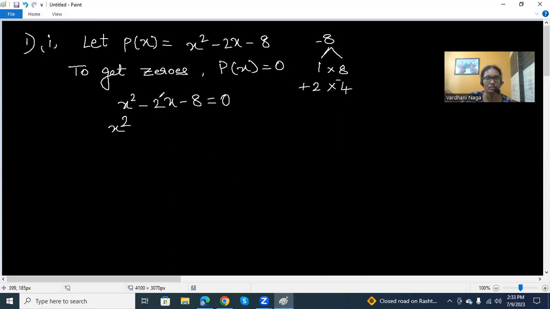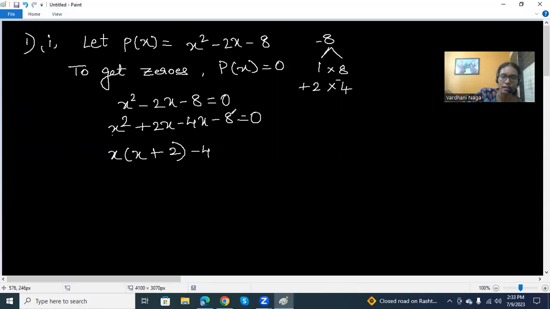So x square, this can be split as plus 2x minus 4x minus 8 equal to 0. In the first two terms, I can see x is common. So 1x will remain, plus x already gone out, 2 will remain. In these two terms, minus 4 is common because 8 also has a factor of 4. So minus 4 gone out means x remains.